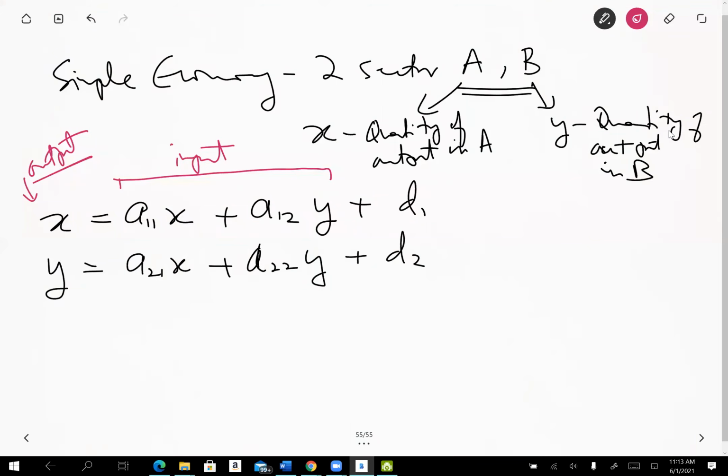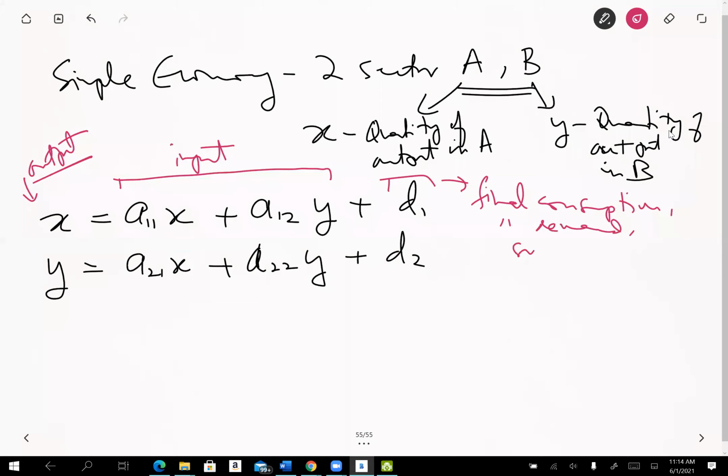And then D1, D2 is the final consumption. Final consumption, or if you look at the book, we can call it another term. Apa term dia? Saya pada lupa sebab saya selalu guna final consumption je. Dipanggil final demand. Okay, final demand.